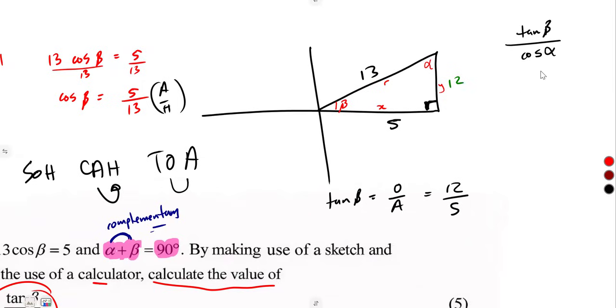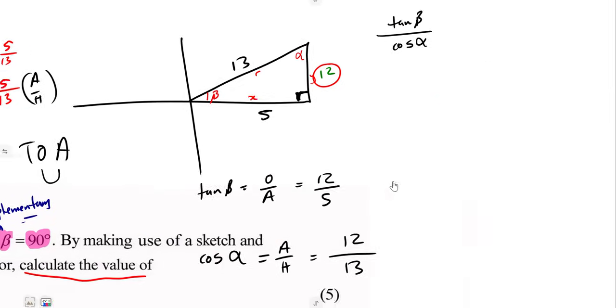Then the cos of alpha. Cos is adjacent over hypotenuse. According to alpha, the adjacent is what? Alpha and 90 degrees, they are adjacent to each other on 12. So that's 12 over the hypotenuse, which is 13.